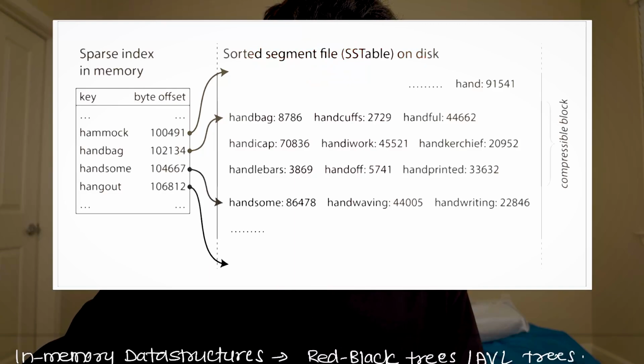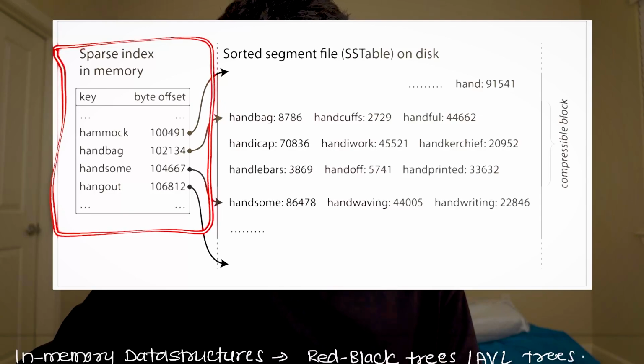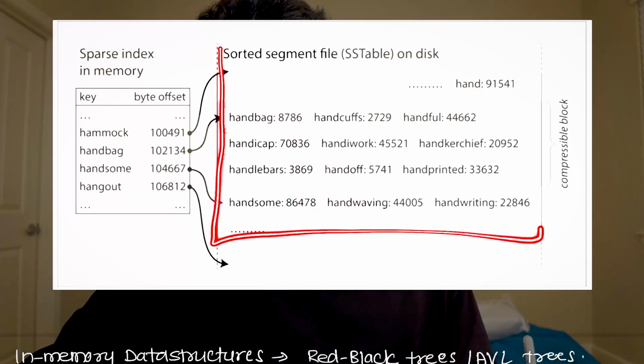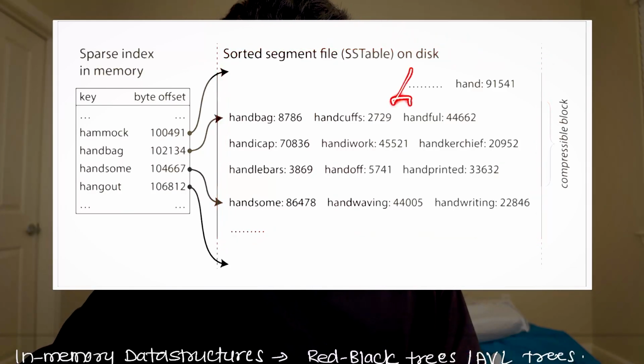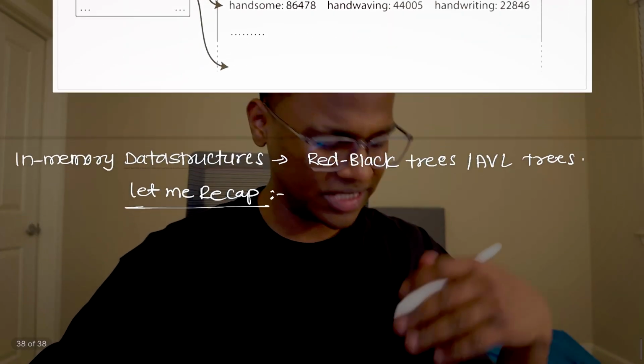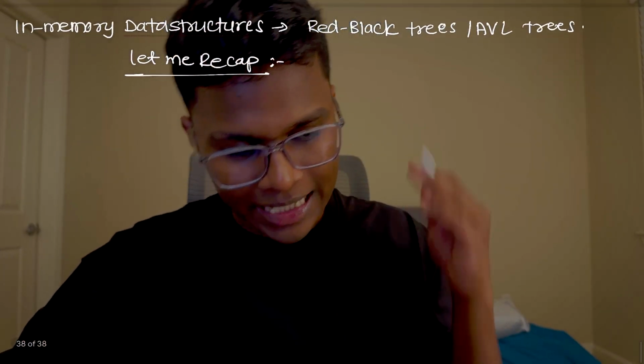I made a mistake over there. AVL trees and the red black trees are used for storing hash indexes in memory, but these things will be stored as B trees in storage. Like we can maintain the sorted order in memory using, okay, discard, I'll just cut it over here.